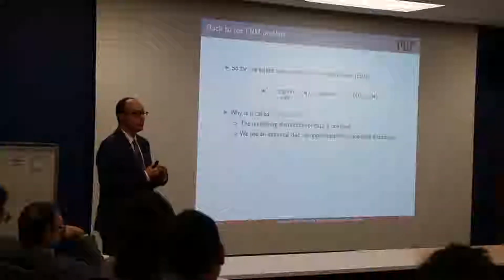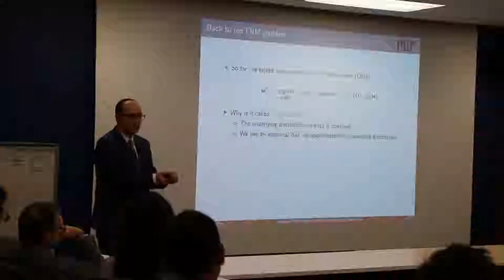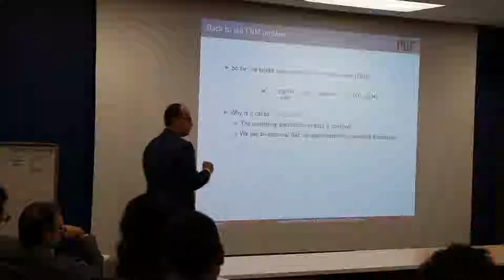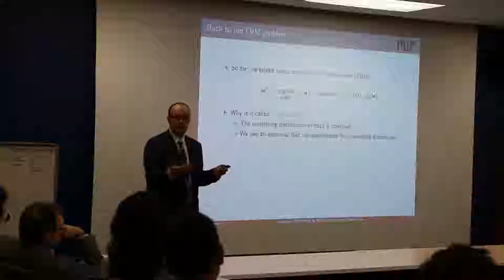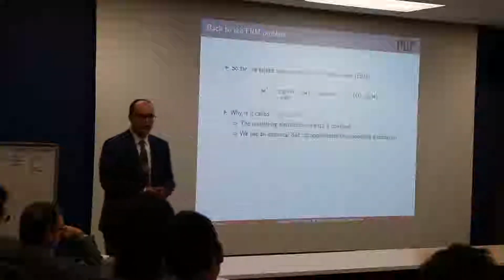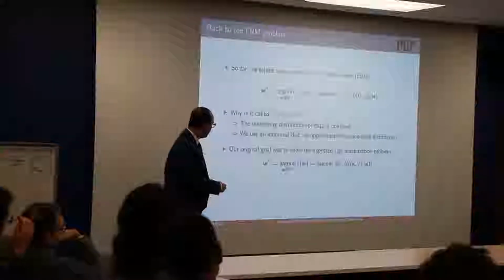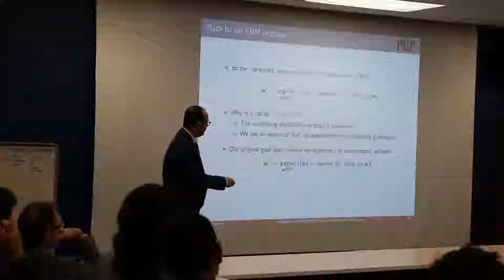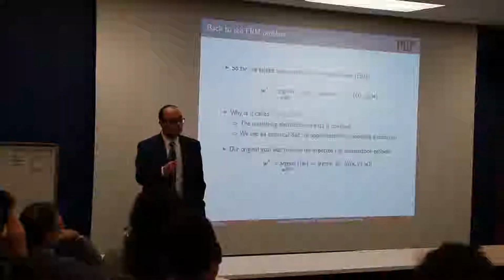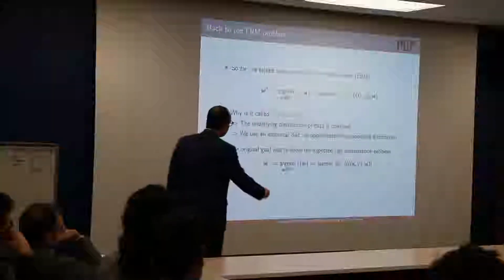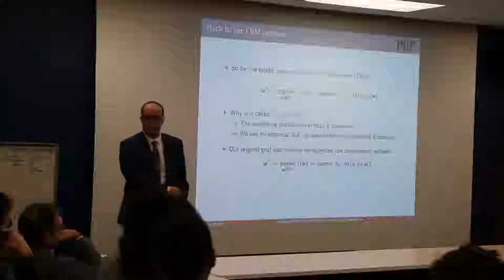We don't have access to that underlying distribution, but we can sample from it and use the empirical distribution as a proxy for the true distribution. Actually, the goal is to solve this expected minimization, where you want to come up with a classifier that performs best with respect to the probability distribution that generates the data. Since we don't have access to that, we just use an empirical distribution to approximate it.